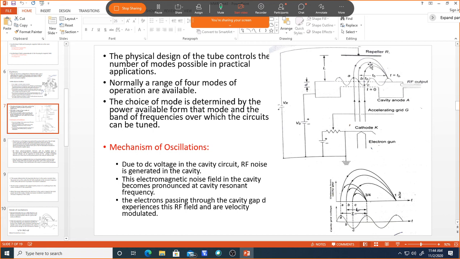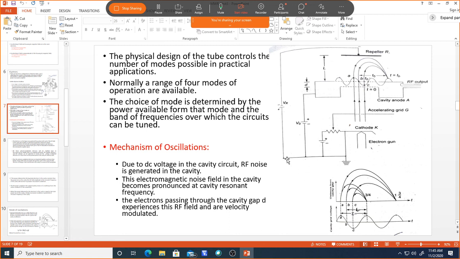So in this reflex klystron, these 5 processes happen separately. This is the reflex klystron which is even used in our microwave laboratory to generate power at high frequencies.